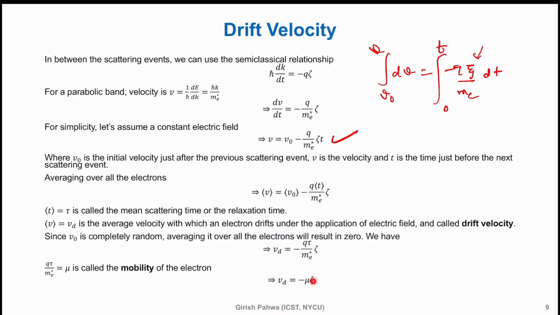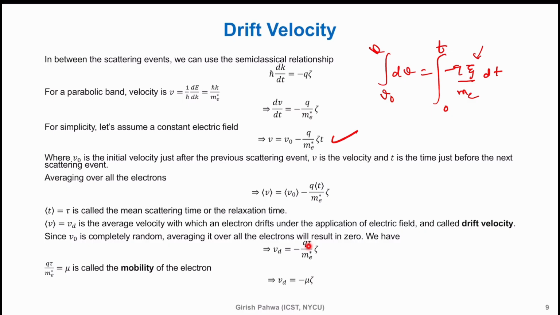And what does mobility depend on? Mobility depends on this tau and the effective mass. So if my electron is heavy, it will be difficult for the electron to move, in a semi-classical picture. If there is very frequent scattering, what will happen to tau? Will it decrease or increase?